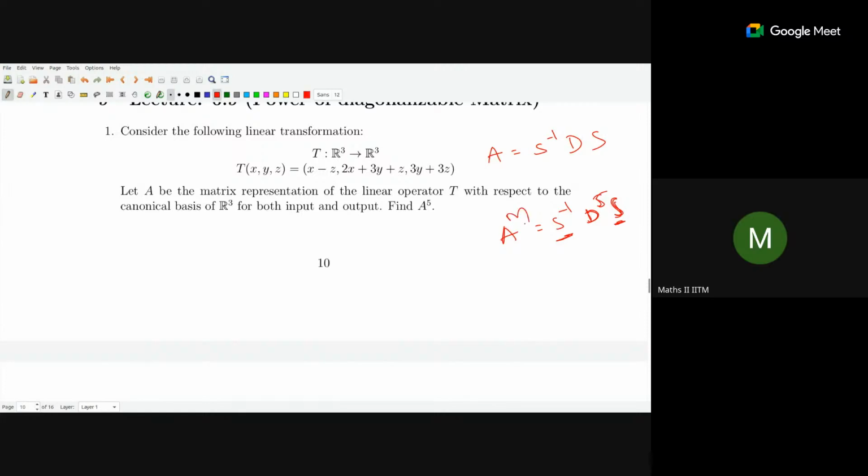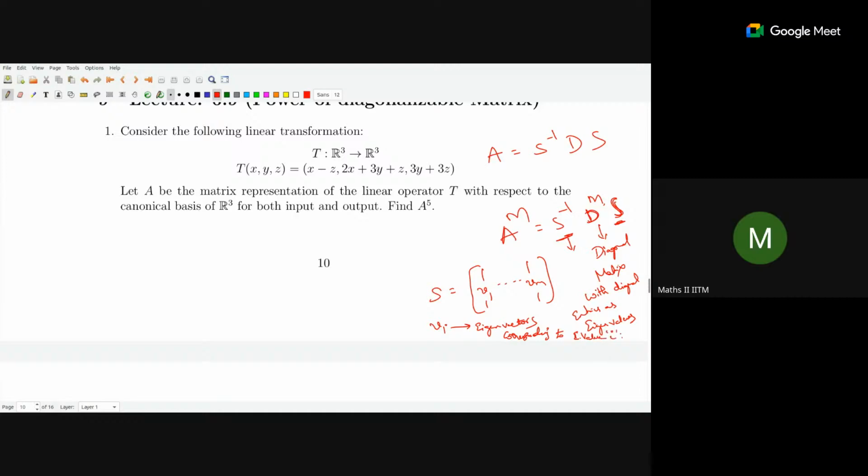Not only A power 5, you can compute A power m, and that will be simply S inverse D power m S, where D is the diagonal matrix with diagonal entries as the eigenvalues. And S is V1 to Vm, where the Vi's are the eigenvectors corresponding to the eigenvalue i.